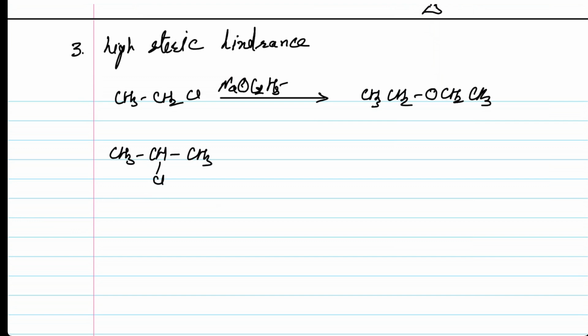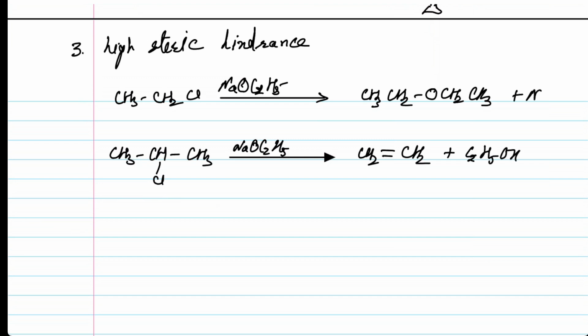Secondary carbon is more sterically hindered as compared to the primary carbon. And here, if it is treated with NaOC2H5, then the major product is going to turn out to be the alkene CH2=CH2 along with C2H5OH. And here it's going to be NaCl. And obviously here also NaCl is formed.